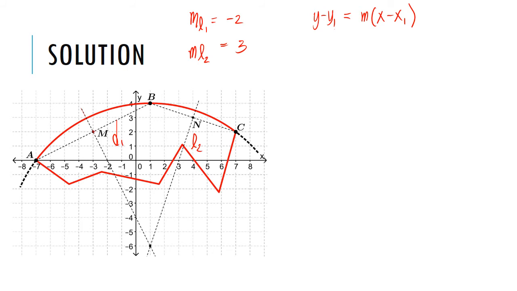So the midpoint M and the midpoint N is the point we need in the point slope form to determine the equation of the line. So we have to determine points M and N, which are midpoints of the chords.